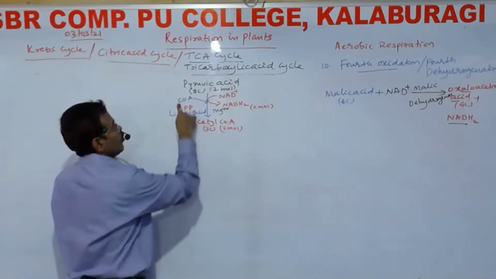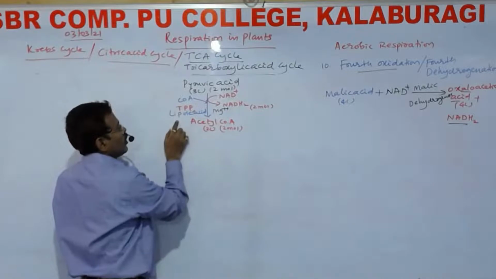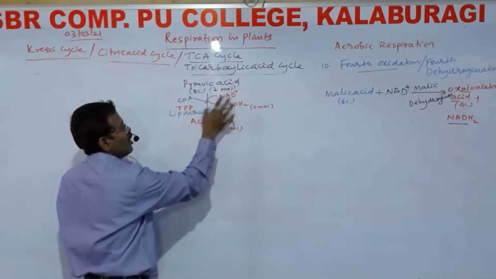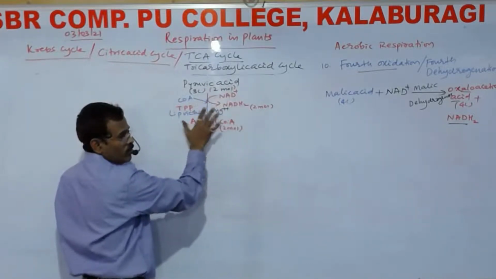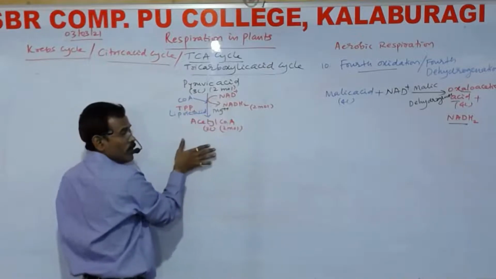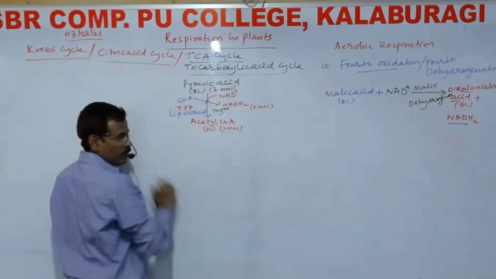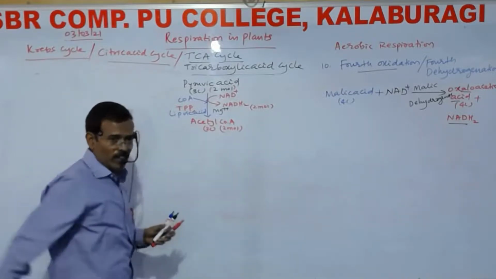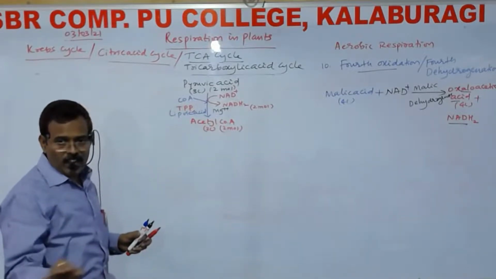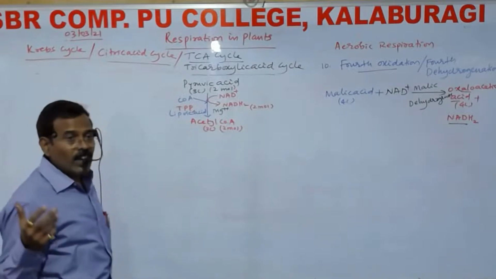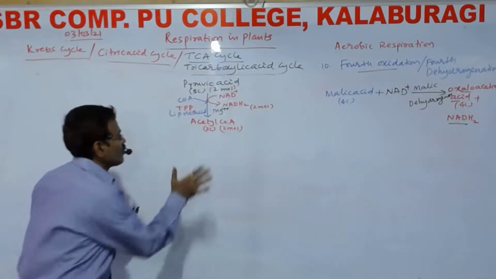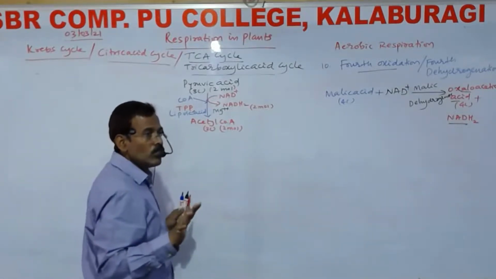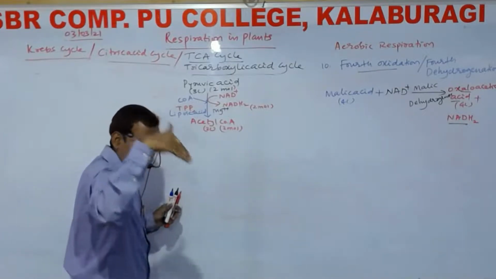Coenzyme, thiamine pyrophosphate, lipoic acid, magnesium, NAD. These are all the cofactors used in this preparatory step. So what we get is acetyl coenzyme, which is the connecting link between glycolysis and the Krebs cycle. So this acetyl coenzyme will now enter into the Krebs cycle.